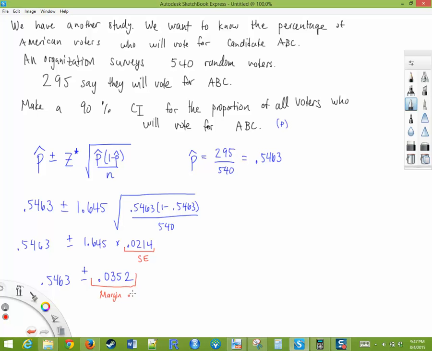You do want to learn the difference between the standard error, or SE, and the margin of error. The standard error is this part. When you multiply the standard error with this thing, what is this thing called? The Z star, or the critical value. When you multiply the standard error times the Z star, or the critical value, then you get the margin of error. So I have 0.5463 plus or minus 0.0352, and now we can get our final answer.